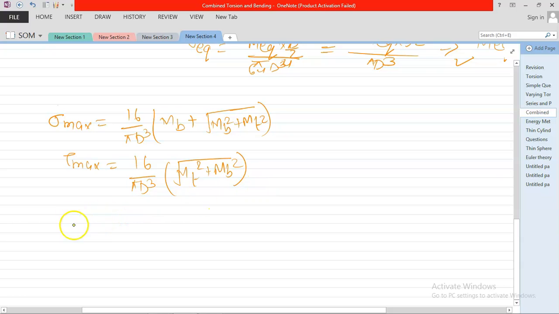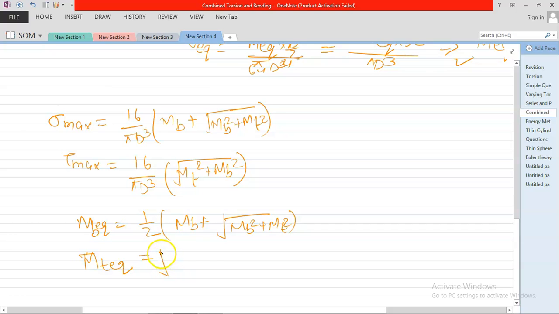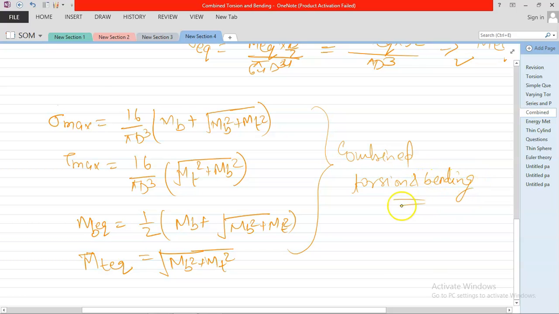Your M equivalent is 1 by 2 Mb plus under root Mb square plus Mt square, and your Mt equivalent, this is the bending moment equivalent, is under root of Mb square plus Mt square. So please remember these formulas for combined torsion and bending. This will come in your machine design also, but better to remember it here.